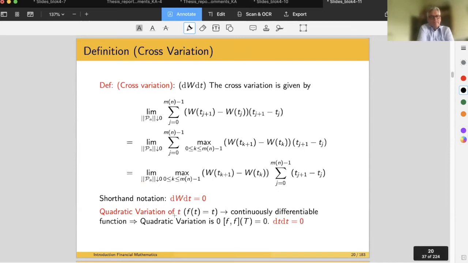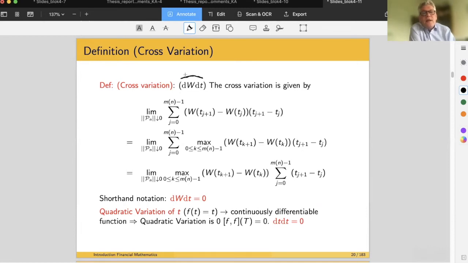There is more. There are more definitions that we can write down in an informal notation, and one of them is the definition of the cross variation. Later we will write that down informally as dW dt.